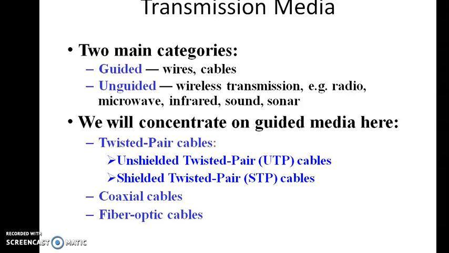Then coaxial cable and fiber optic cables. So based on the type of cables, you are classifying your networks. We'll come to the advantages, disadvantages and various terminologies in separate chapters in due course, but it's just an overview.